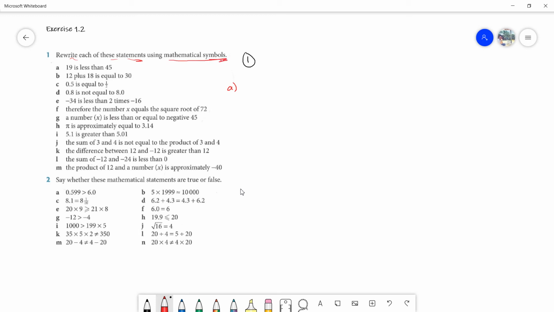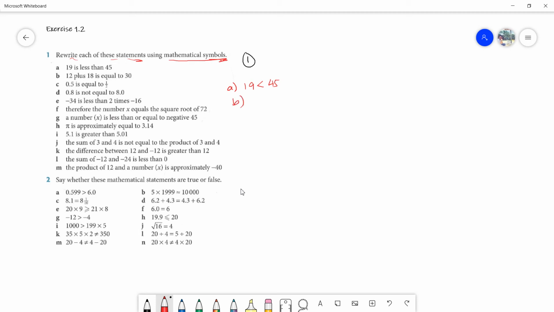So these are the symbols I talked about earlier in the video. So let's start. 19 is less than 45. We are just going to literally take these words and put them in numbers. So we write 19, the less than sign, and then 45. That's it.